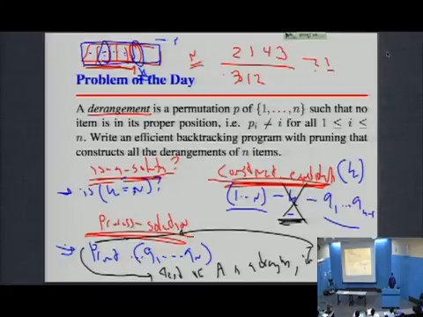Does everybody agree that if there are a lot fewer derangements than permutations, this way is going to be much, much slower than the other way? So is this way I'm doing in black better? Certainly not. You should get more pruning the other way.